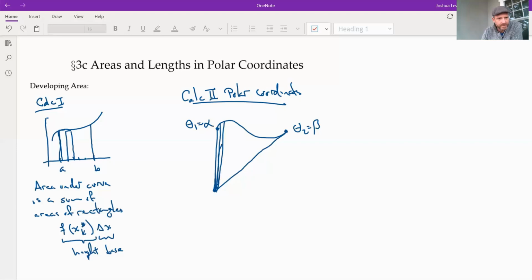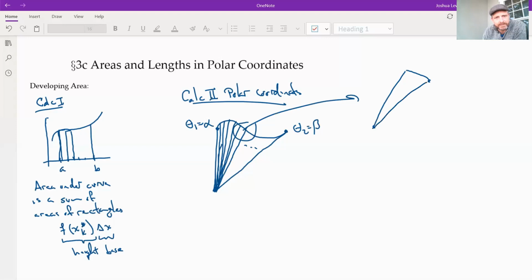Very hard to do with this stylus, but I think you're getting the idea. And so on. And so what happens is you get these little sectors, right? If I zoom in on one of these, I'm going to have some sector here. This might be r_{k-1}.